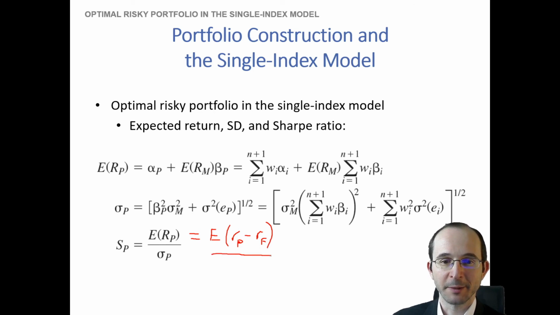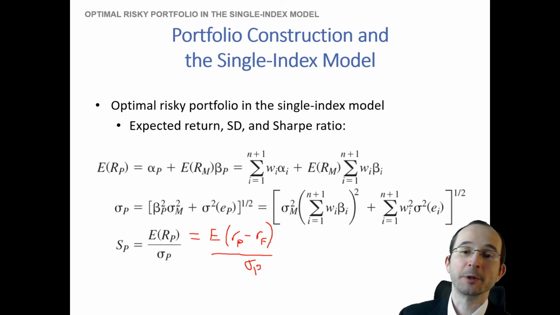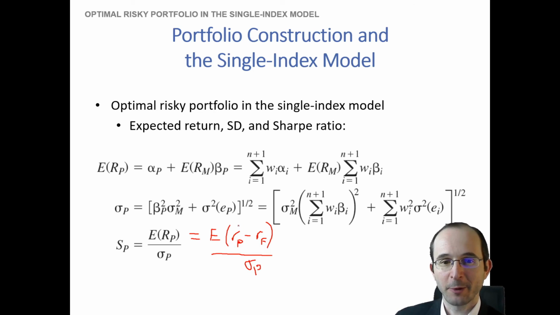And if we divide that by the standard deviation of the portfolio. And remember, since we know the risk-free rate, we can actually take that out of the expectation because it's a constant. So we can discard this parenthesis here. That is maybe the more familiar version of the Sharpe ratio.